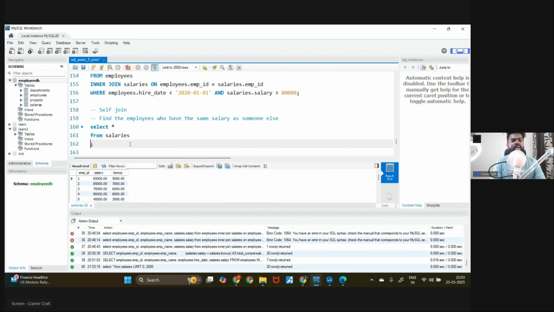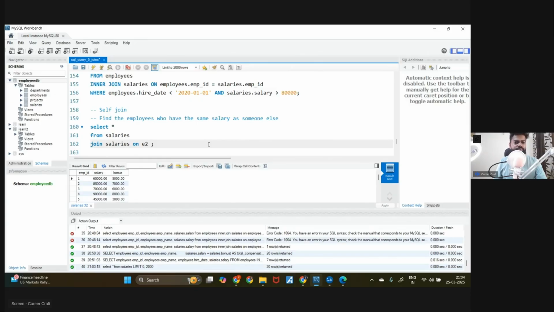I will join salaries, again join salaries, and I will make this as e2. First of all, if you see, you will not find any salary equal, most probably. Even if it is, then I will get the answer.